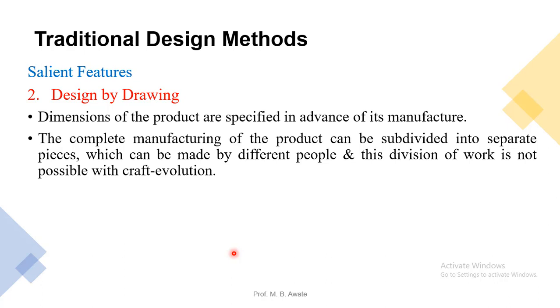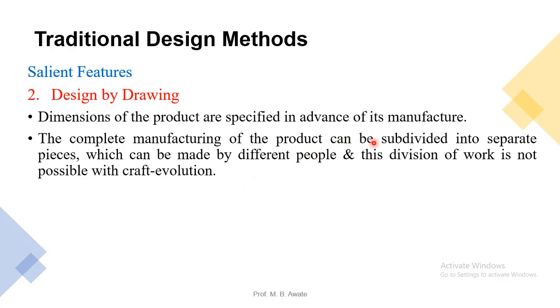That entire product is subdivided into separate pieces, and these separate pieces are manufactured by different people. This particular characteristic is not available in case of design by craft evolution method.